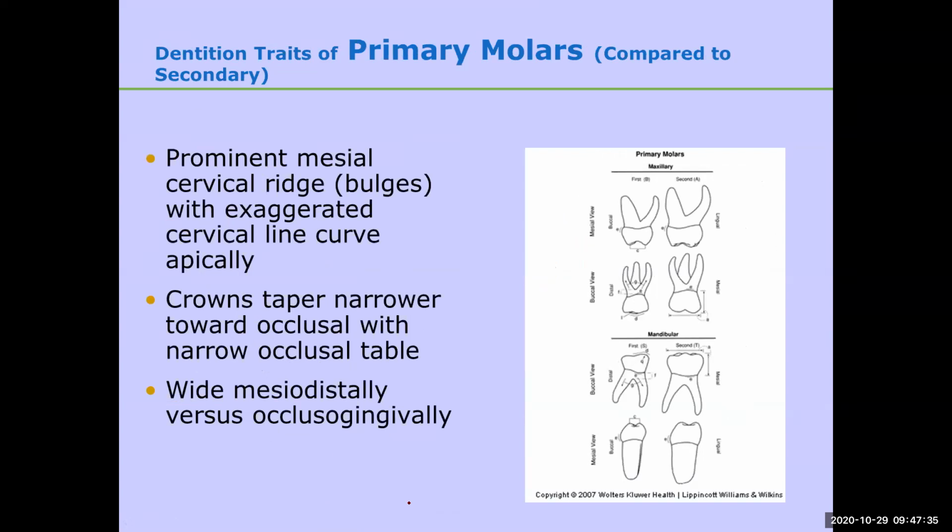For the molars, you've got prominent cervical ridges or bulges. Again, they have very distinct curves, an exaggerated CEJ. The crowns taper narrower toward the occlusal because they have a narrower occlusal table, and they are wider mesiodistally instead of occlusal gingivally.